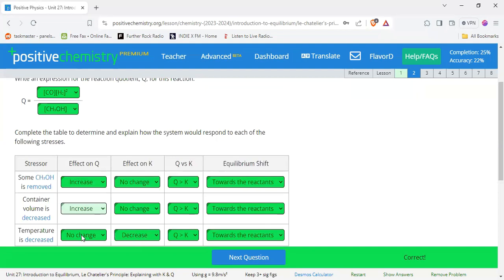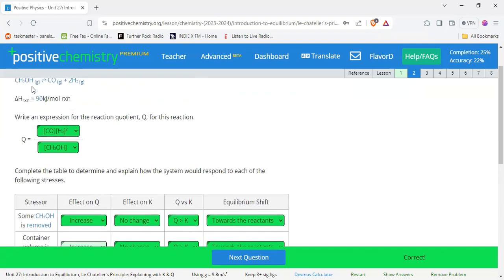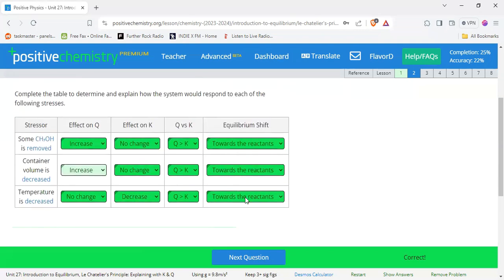So the Q values don't change, but the K value decreases, which means Q is now bigger than K because that didn't change and that one got smaller. And our number is too big. So we need less numerator and more denominator. And that makes everything flow to the left, toward the reactants.